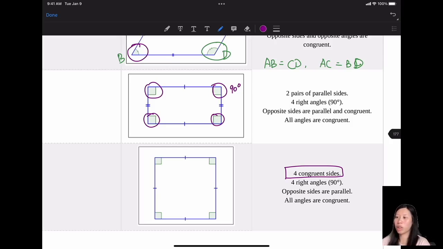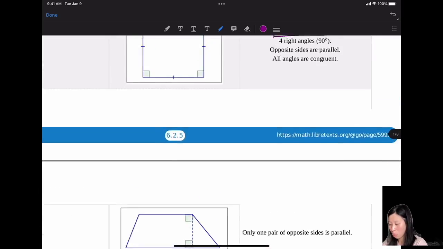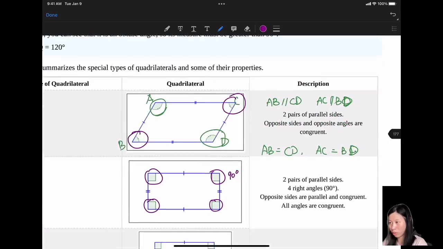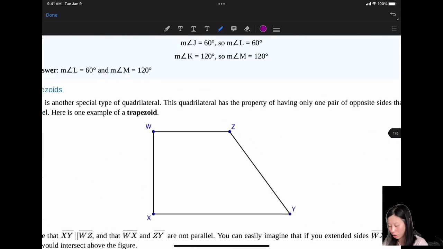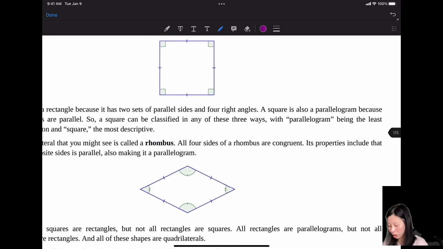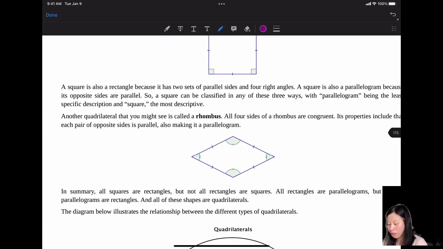Okay, the next quadrilateral that you might see is called a rhombus. A rhombus looks like this one. Its four sides are congruent, and each pair of opposite sides are parallel. That makes it another parallelogram. A rhombus is a special case of a parallelogram. But a rhombus is not necessarily a square or a rectangle because it doesn't have right angles.